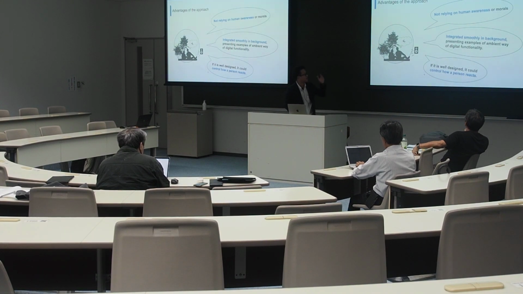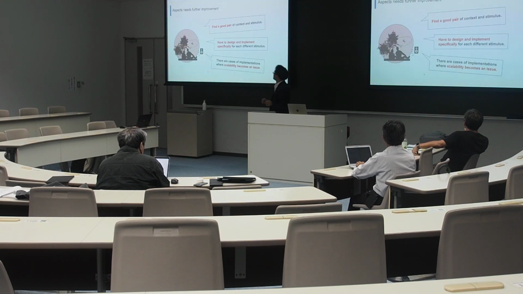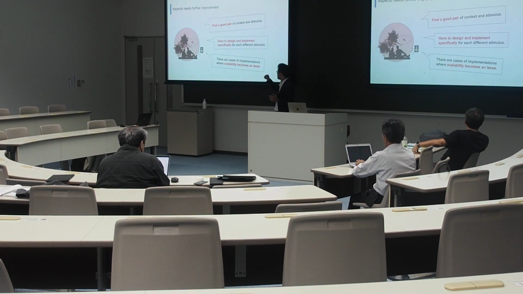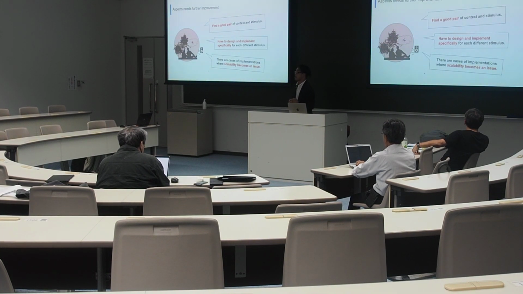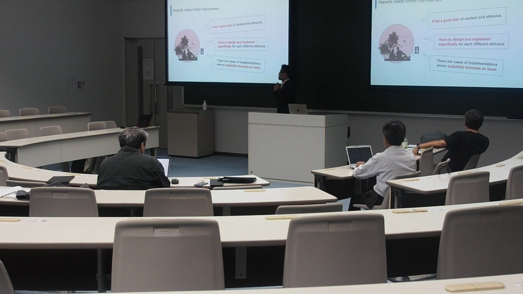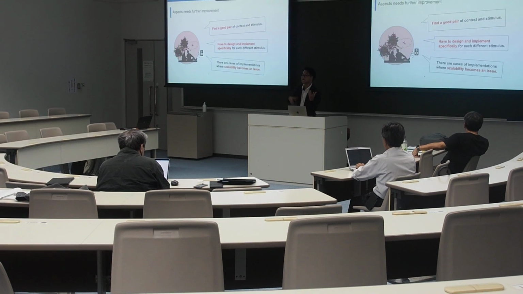I would like to expand it to other scopes too. Also, there are aspects that need further improvement. First, you need to find a good pair for the content of the stimulus. Not every stimulus matches every situation, so I have to select the appropriate way to deliver the sensation to people, such as a stimulus and sound that match together.